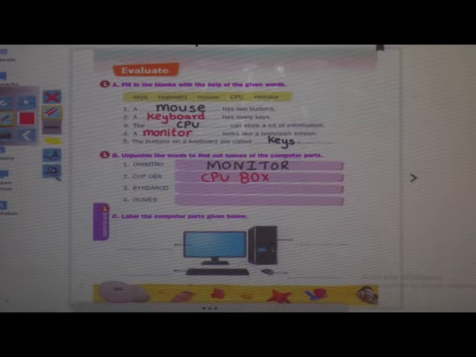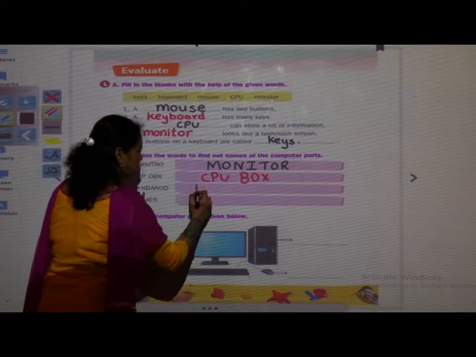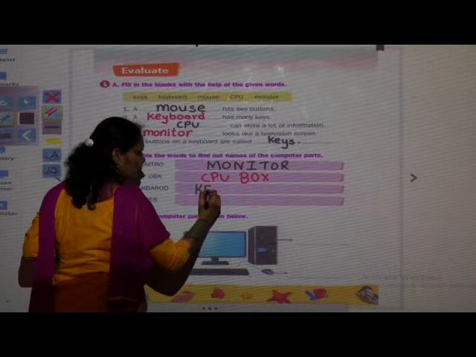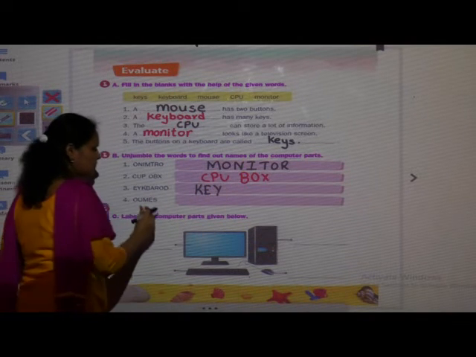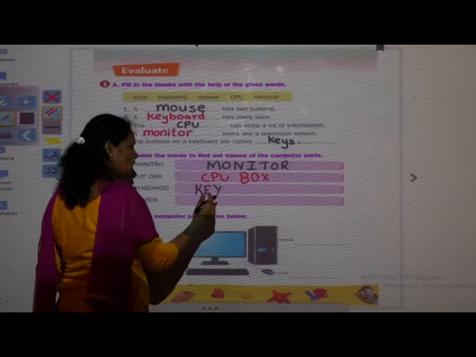Third, keyboard. What is the spelling of key? K, E, Y, key. See, as here all is in capital letters, so we are writing here also capital.